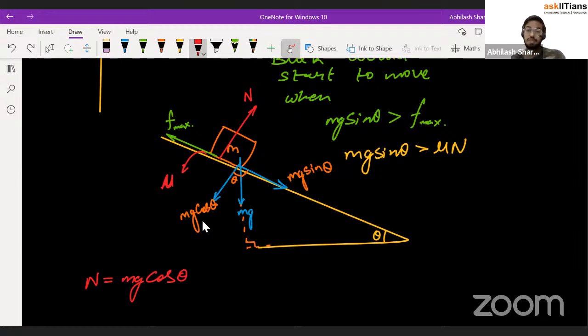And remember, a weighing machine never measures your weight. I'm telling you something which might seem very surprising to you. Weighing machines don't measure your weight. So what do they measure? They measure the normal reaction. With whatever force you push on the weighing machine, the same force it will give the reading of. So if you're standing on an incline, you're pushing with a lesser force, it will show a lesser reading.